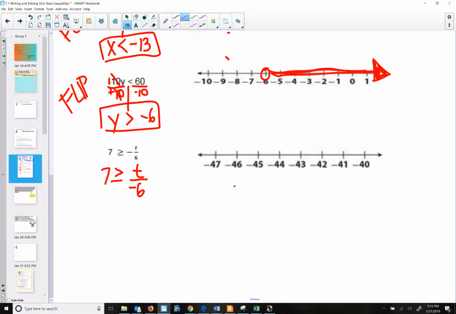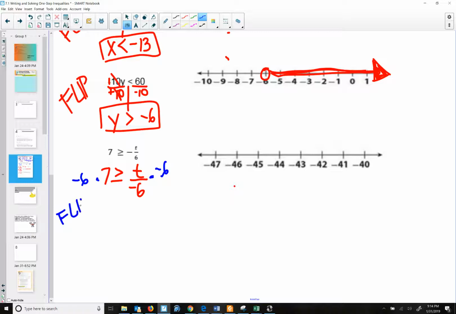When you solve for t, you need to undo what's happening. So we need to undo that division by multiplying. So here we go. I'm going to multiply this side by -6. I have to multiply this side by -6. You have to ask yourself now, flip or not flip? Well, I'm multiplying by a negative. So I'm going to flip.